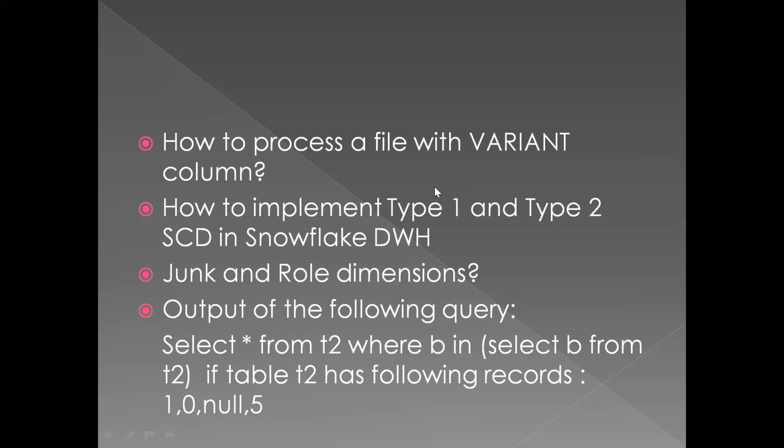For type 1 SCD, we can have the stream, and from the stream, we can dump the data into a table, and then we can have type 1. For type 2, we can use the upsert statement. You can check the upsert statement. That is a very, very important query as well. So you should be aware of how to use that. And then using the upsert statement, we can have the type 2 implementation, right?